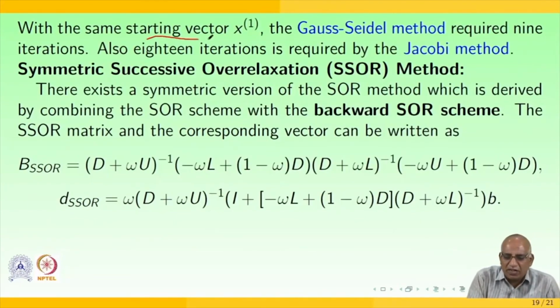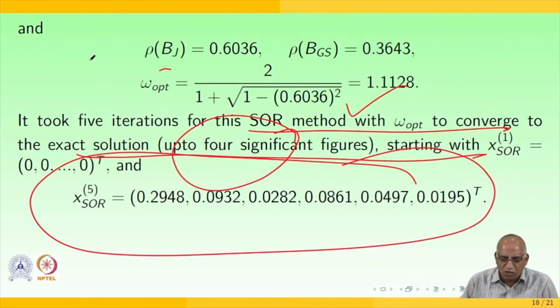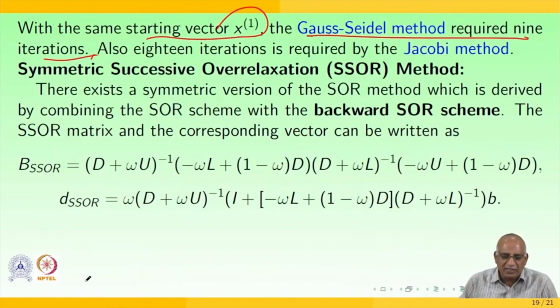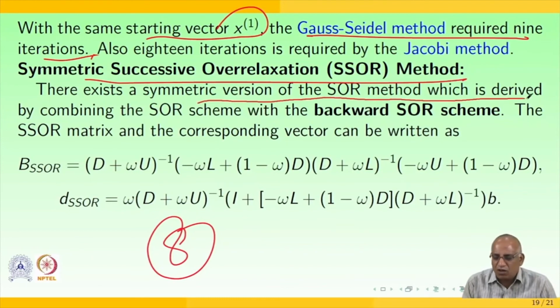Now with the same starting vector x1, the Gauss-Seidel method requires 9 iterations, whereas in the previous case, we got 4 significant digits and it required only 5 iterations. There exists a symmetric version of the SOR method which is derived by combining the SOR method.